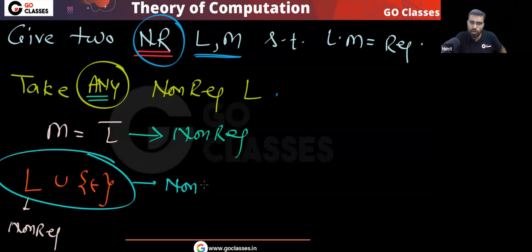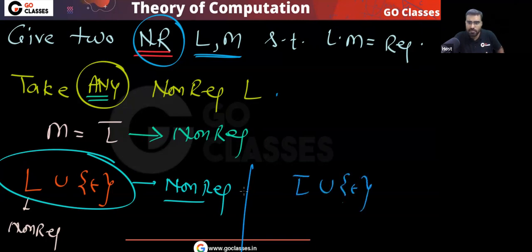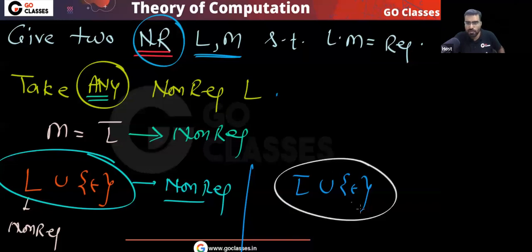It will also be non-regular. Similarly, in M, which is L complement, I am adding the empty string. This also will be non-regular. Is this point clear?